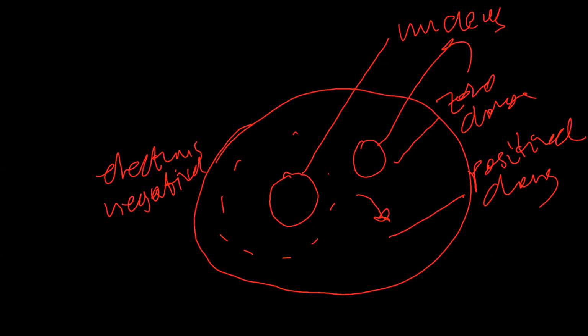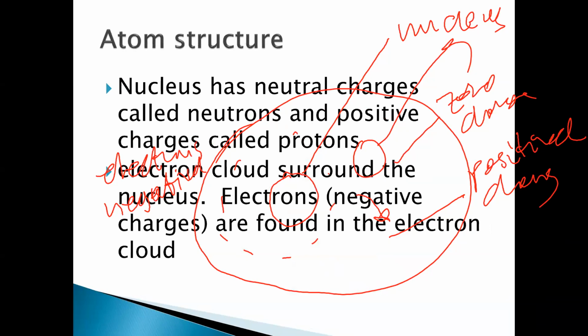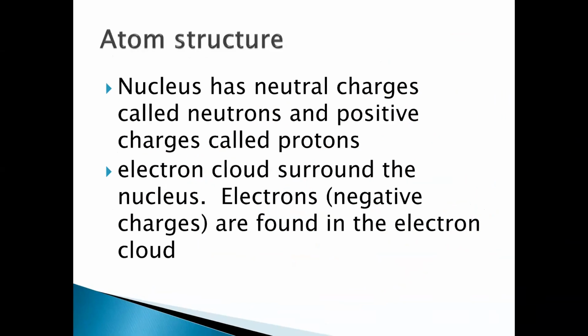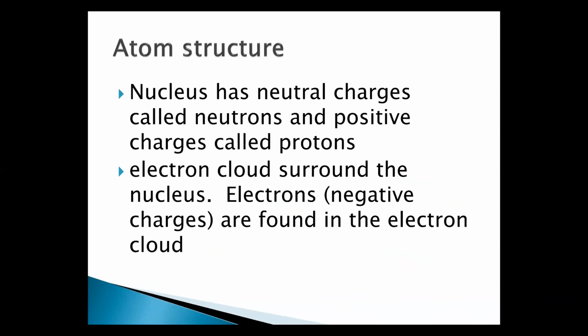Next. Let's try and erase that. Use annotate again. Let's clear the board. They're saying the nucleus has neutral charges called neutrons and positive charges called protons. We've already talked about this. I've already explained how this part looks in the circle, where it's found in the nucleus, right?